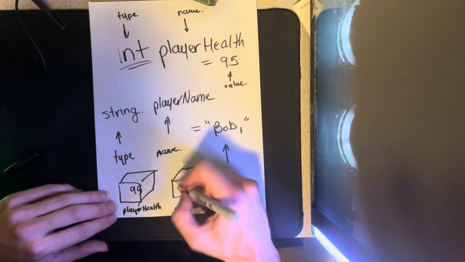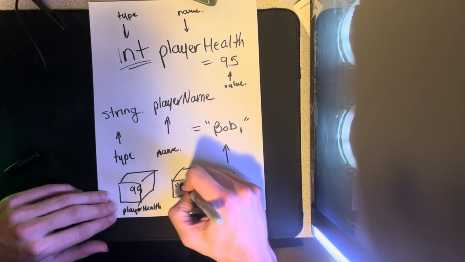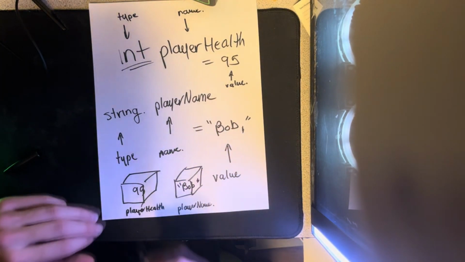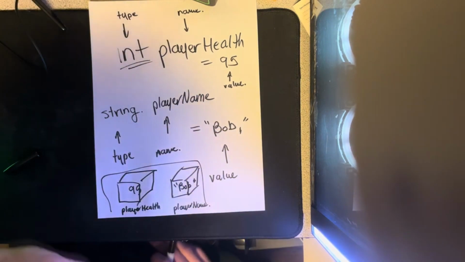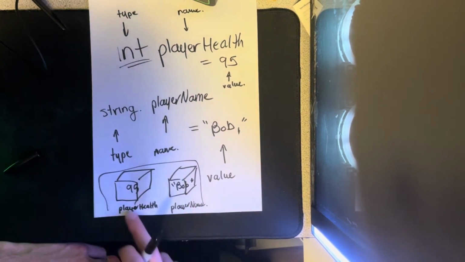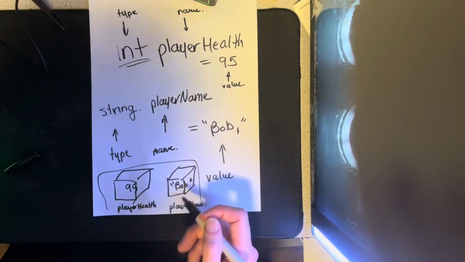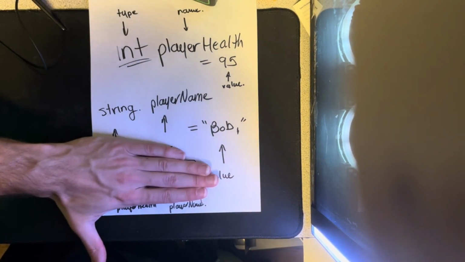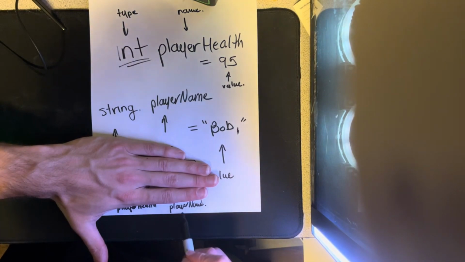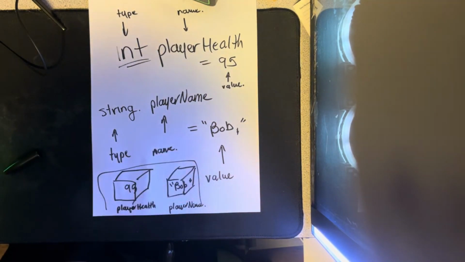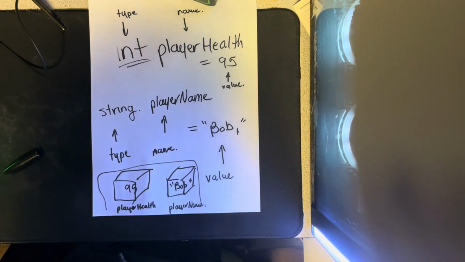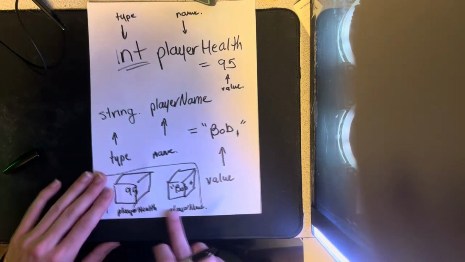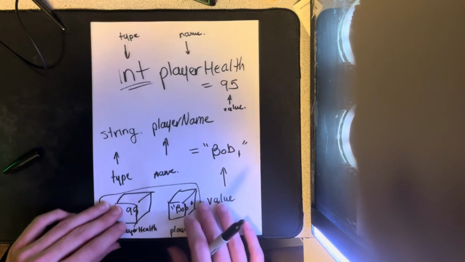This variable is holding a value of Bob. Letters, just like that. So now in my program, if I ever want to reference and use these two values, such as the player name or the player health, I don't even need to know what the value is. I can just use the names of the variables in code like that. Once again, maybe hard to understand because we're not programming yet, but we're going to get right into it.